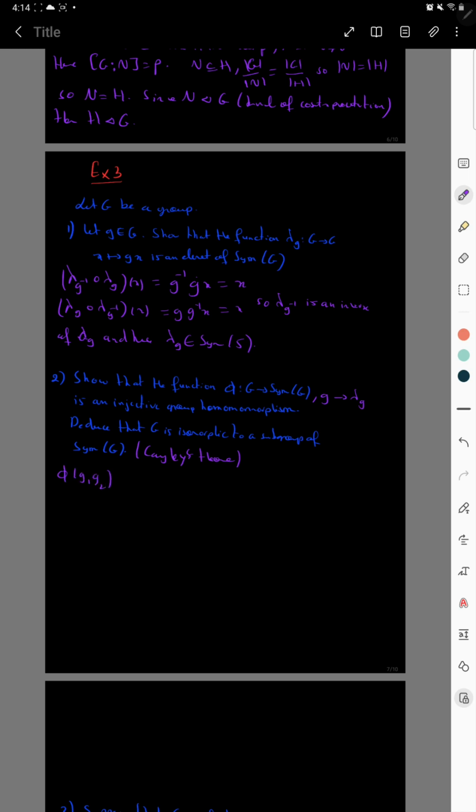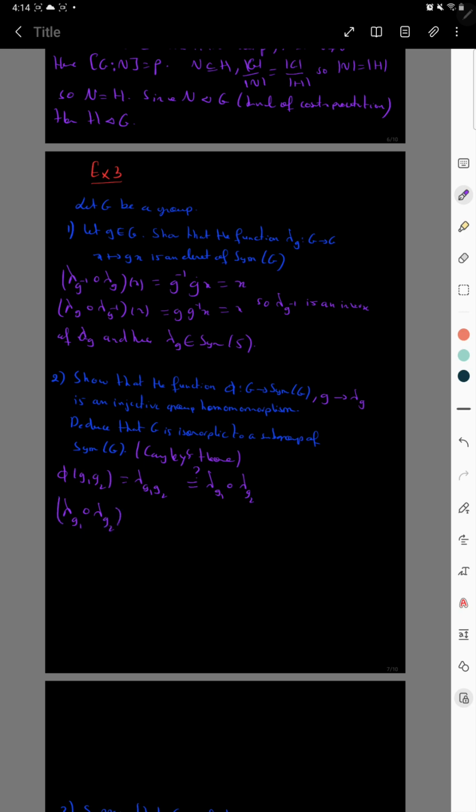So what is phi of g1 g2? This is just lambda_{g1 g2}. All I need to check is whether this is equal to lambda_{g1} composed with lambda_{g2}. Let's do this.